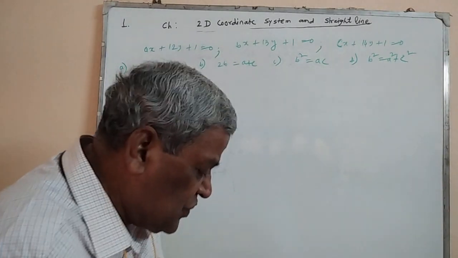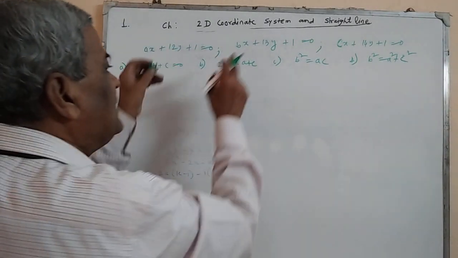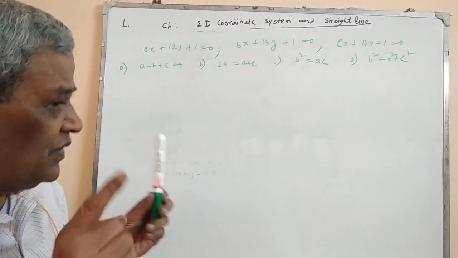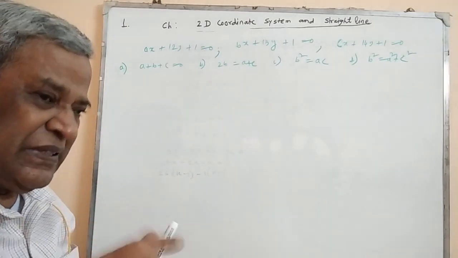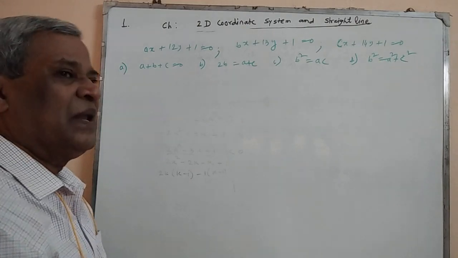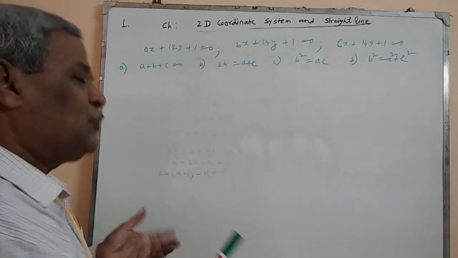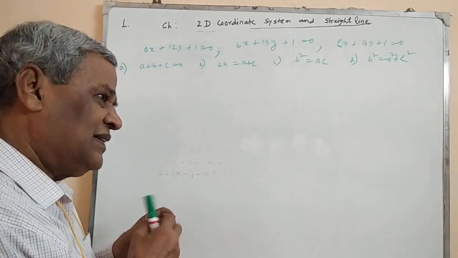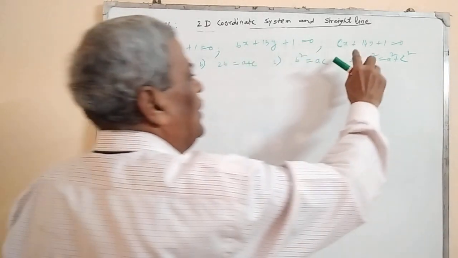Now the problem is very simple. These 3 lines are concurrent, meaning they all pass through a common point, and the problem can be solved very easily by solving any two of them and getting the result, and that result must lie on the third.